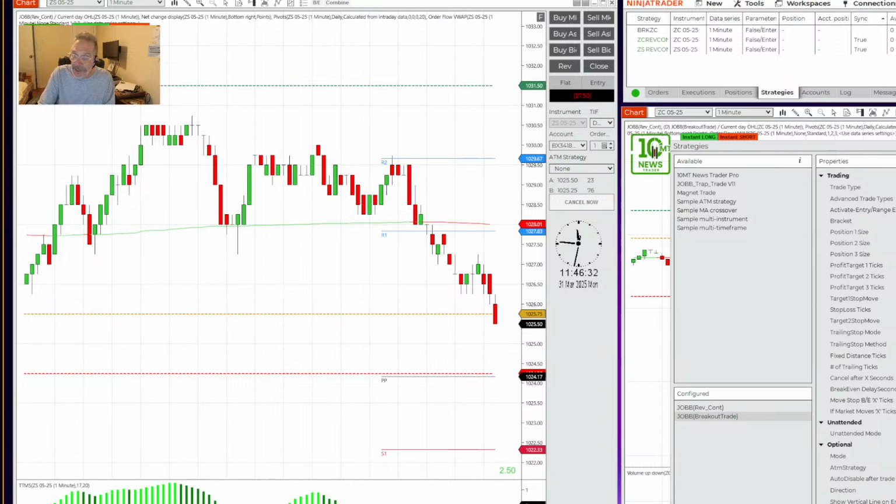Position size 1 is a 1. Position size 2 is a 1. Profit target is 10. Target 2 is 22. The stop is 20. If it hits my first target, I'll use the break even -5 feature.